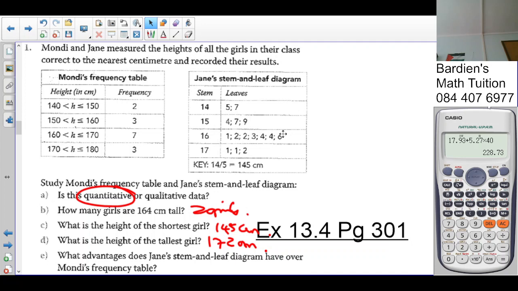There could be 500 here, 50 there, and so on. The stem and leaf diagram would be big, with a lot of numbers in it. So it is not always the better display of data. It depends on the amount of data given. Did you guys get it?